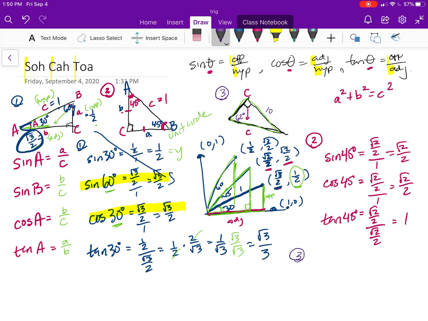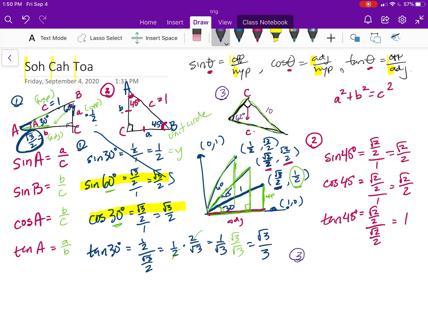All right, problem 3. That's all it's given: 62 degrees and length 10. So what if we wanted the hypotenuse? What if I want to know what is C?